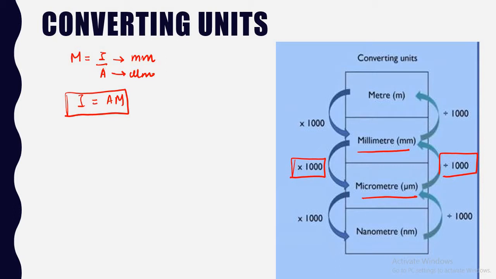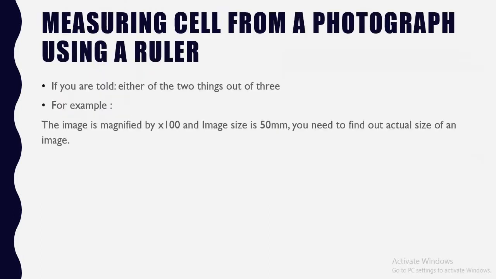So let's start with the first scenario of measuring the cell. For example, magnification is provided to you: 100. Image size is given to you, which is 50 millimeters. You need to find out the actual size.